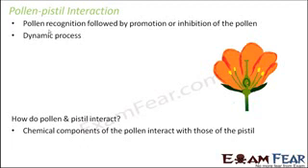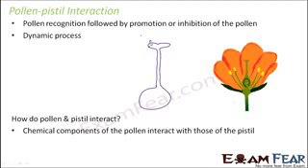We can say that all the events start from the pollen deposition on the stigma. Let us suppose this is the stigma, this is the style, and this is the ovary. The moment the pollen gets deposited on the stigma, the pollen pistil interaction starts from here. All the events which take place from pollen deposition on the stigma till the pollen tube enters inside the ovule are referred to as pollen-pistil interaction.